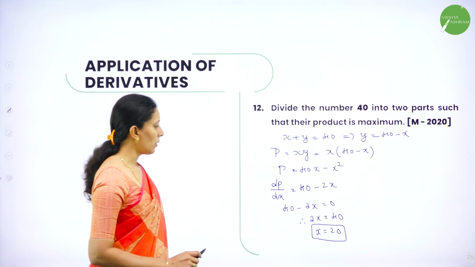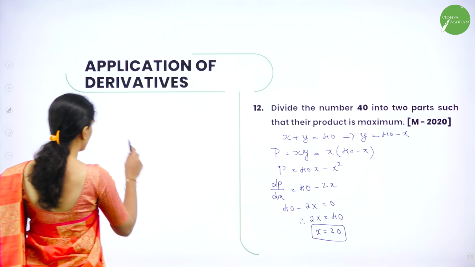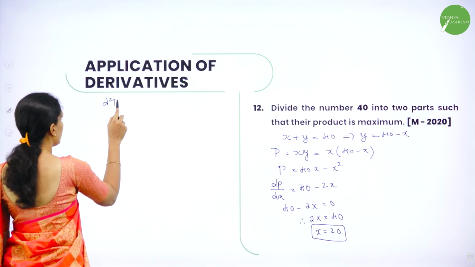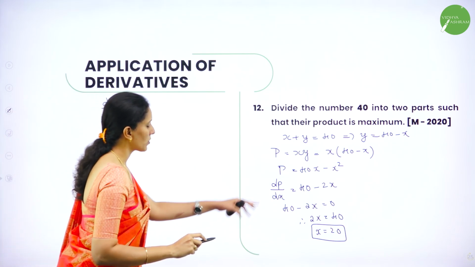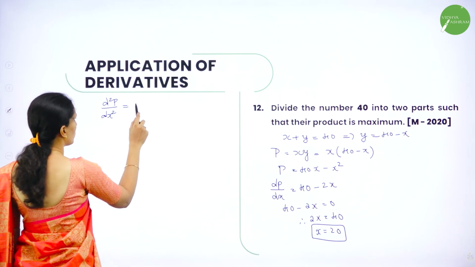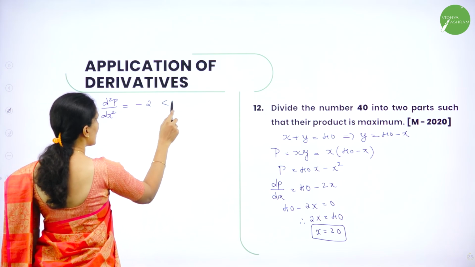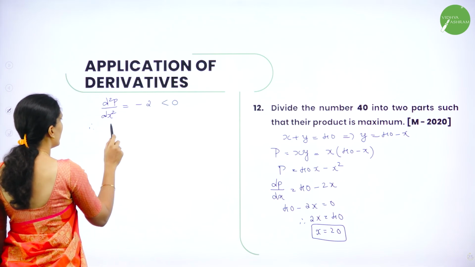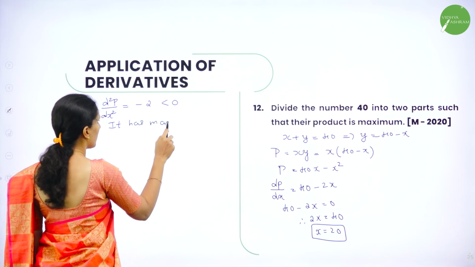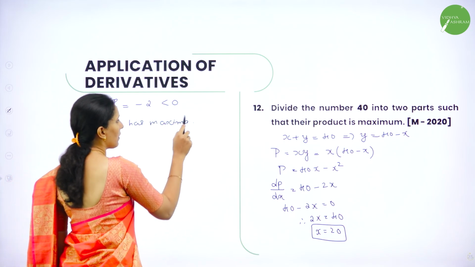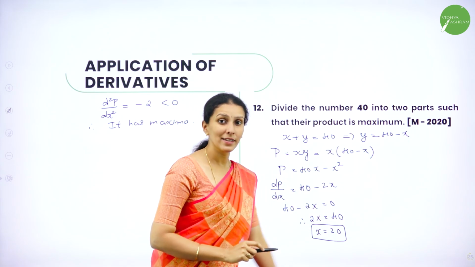Once you have got the critical point, find the second order derivative, that is d square P by dx square. So what is d square P by dx square? It is minus 2. So minus 2 means it is less than 0. So that means it has a maximum. Hence we have concluded that their product is maximum.